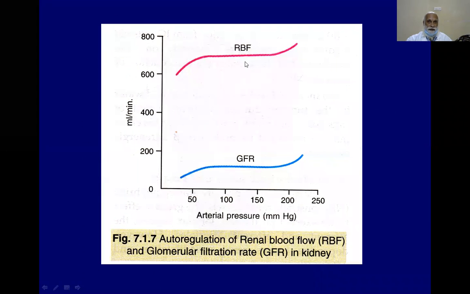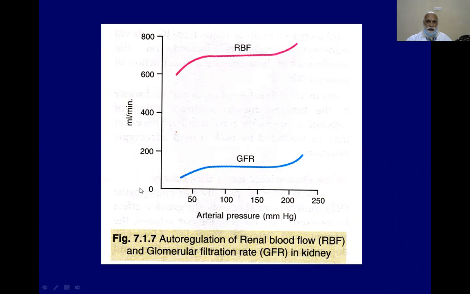At this point we have mentioned that the renal blood flow, or renal plasma flow, is maintained over a range of arterial blood pressure. So arterial blood pressure starts here, approximately around 70, 80. You'll see that there is no further increase with the arterial pressure.